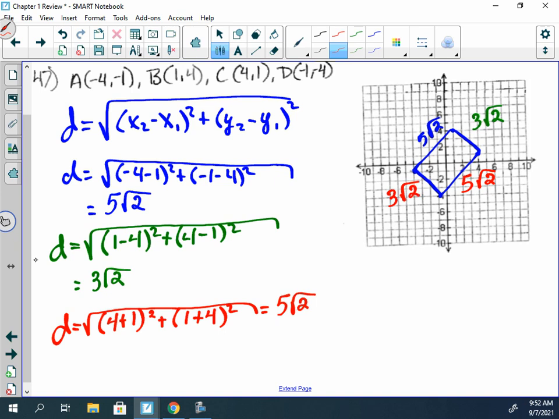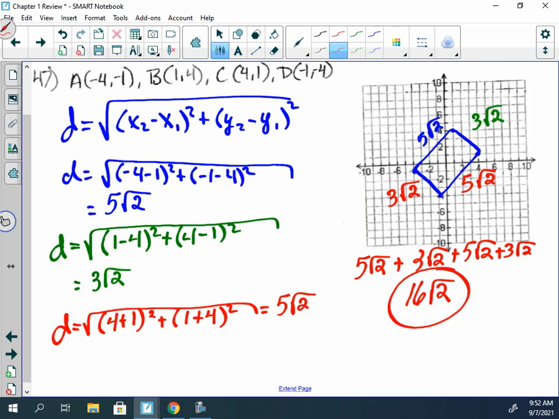And if we do the last one, D to A, it would be the same. So to figure it out, we would do 5 square root of 2 plus 3 square root of 2 plus 5 square root of 2 plus 3 square root of 2, which gives us 16 square root of 2. So really we just used the distance formula to find the length of each side and went from there. Now most of this here is just plugging in the numbers into the distance formula and figuring it out.